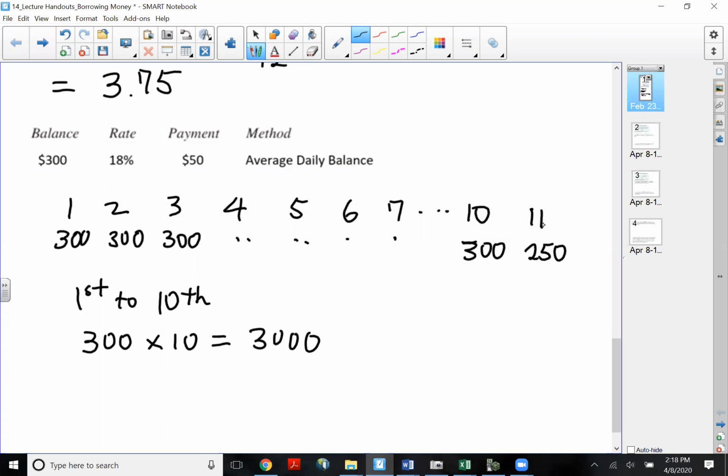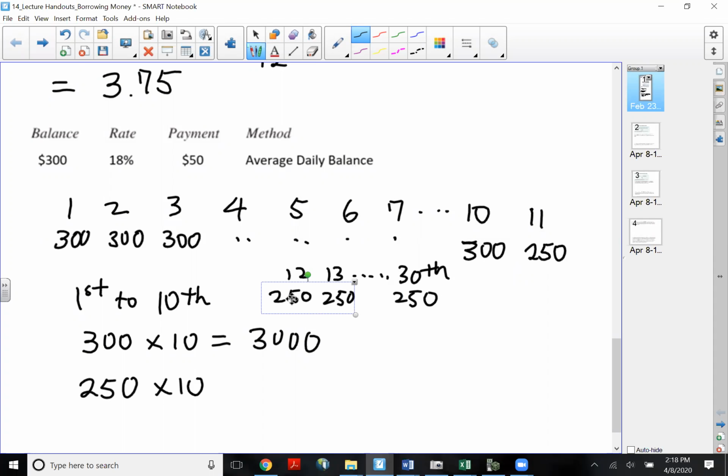From the 11th to the 12th, the 13th day, all the way till the end of the month, the 30th day, I'm probably not going to make another payment. So for the other 20 days of this month, I actually owe them $250 a day for 20 days.